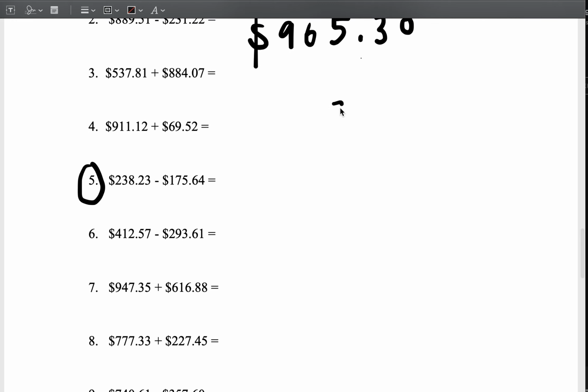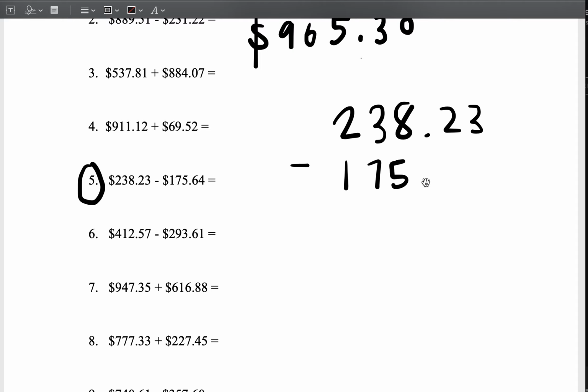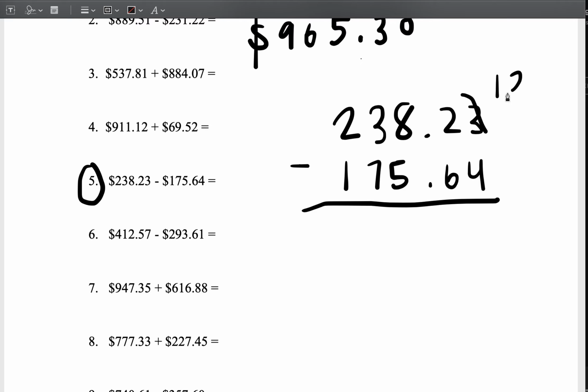So 238.23 minus 175.64. So 3 minus 4, we can't do that, so change this to 13, which is a 9.